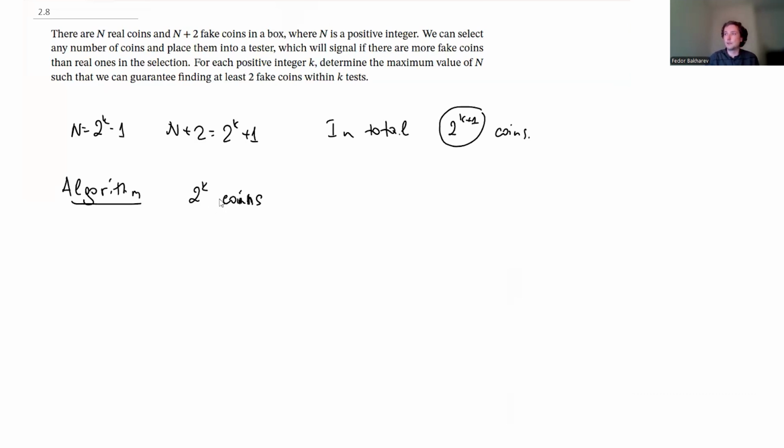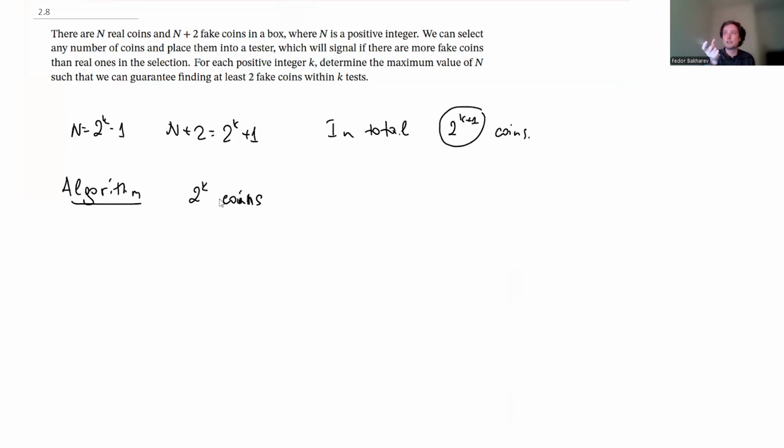And we understand after testing that either in this set there will be more fake coins than the normal ones, or in the rest, because we have more fake coins than real coins. In one of two groups there will be more fake coins.